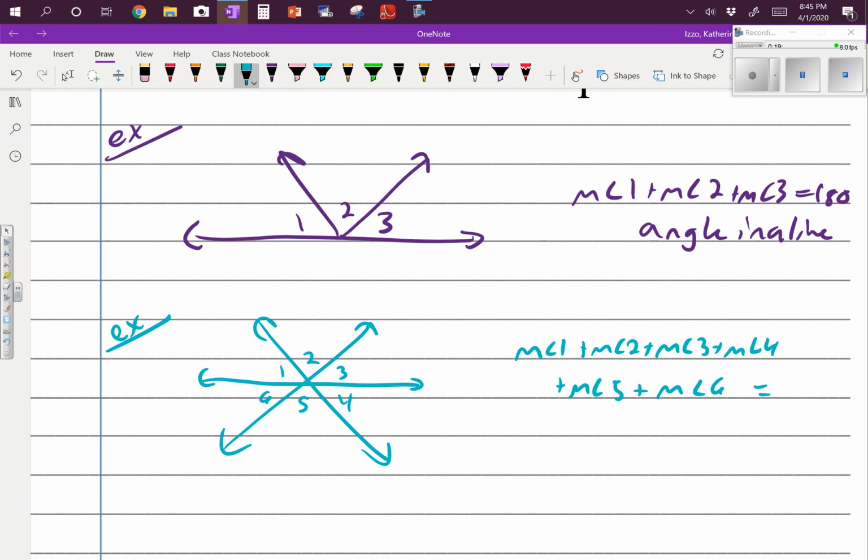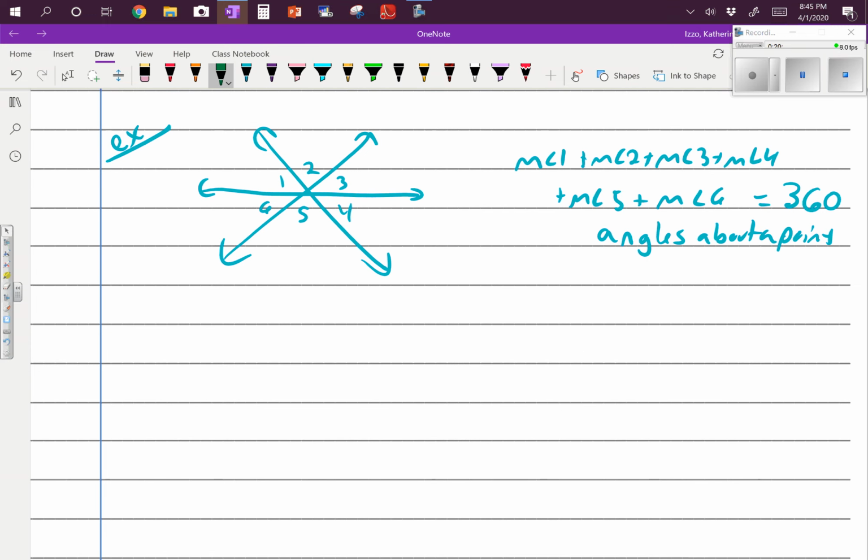Those suckers, they all have to add to equal 360 degrees. That would be what angles at a point look like. Angles about a point.